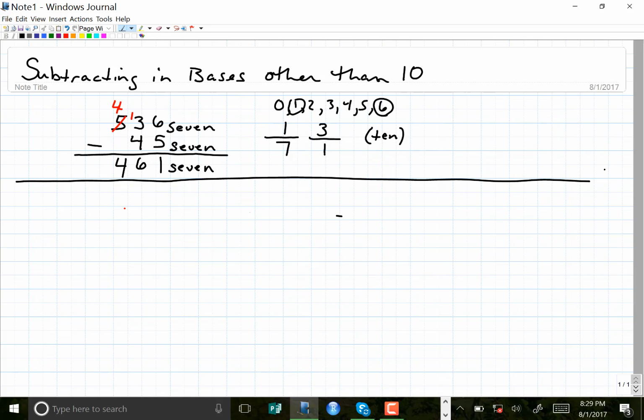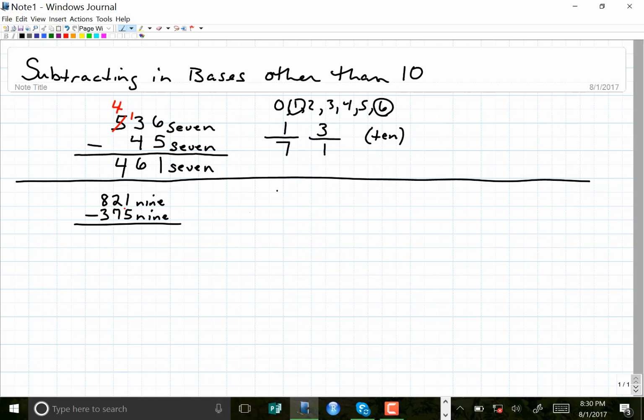Let me give you another example. Suppose I have a base 9 number, the number 8 2 1 in base 9, and I want to subtract the number 3 7 5 in base 9.